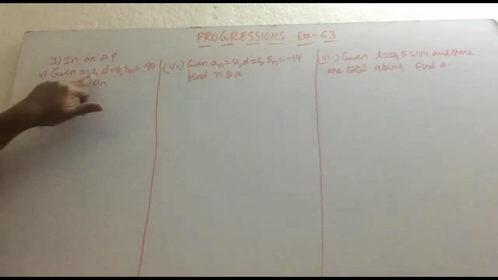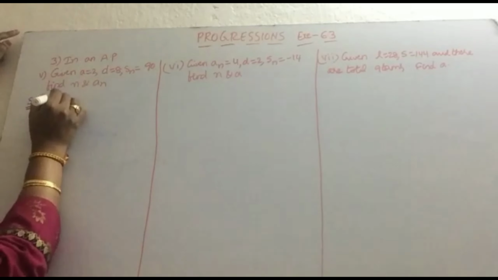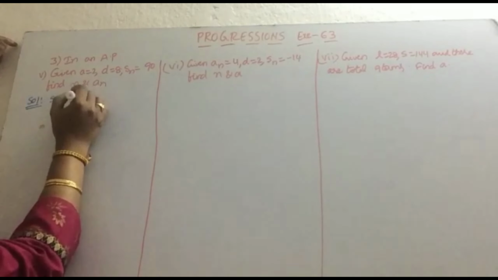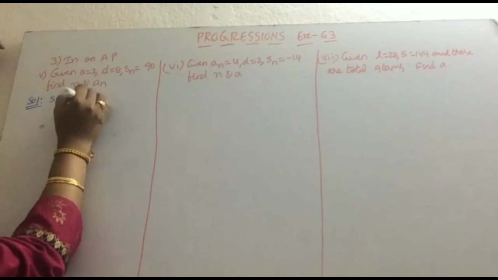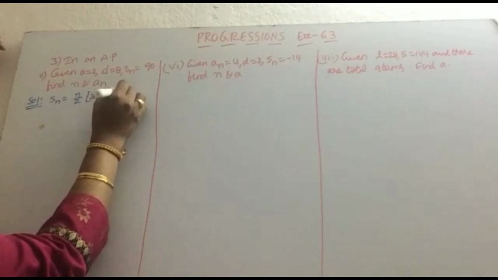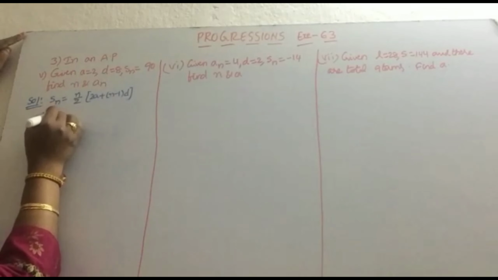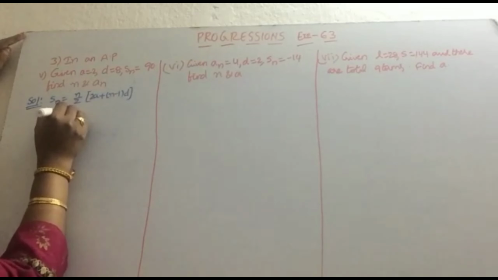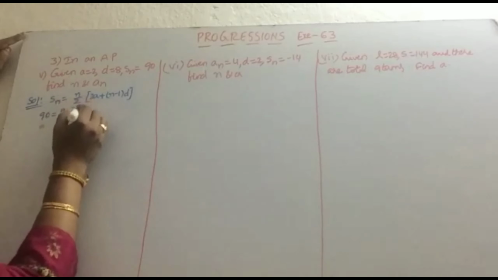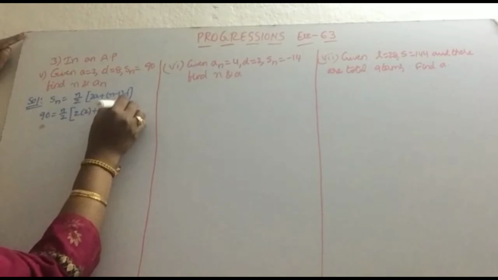Next problem: a equal to 2, d equal to 8, Sn equal to 90. Find n and an. So Sn equal to n by 2 into (2a plus (n minus 1) into d). Sn is 90, so 90 equal to n by 2 into (2 into 2 plus (n minus 1) into 8).